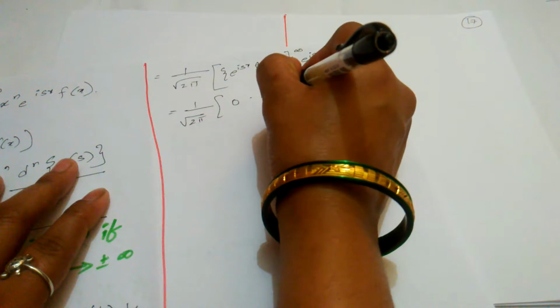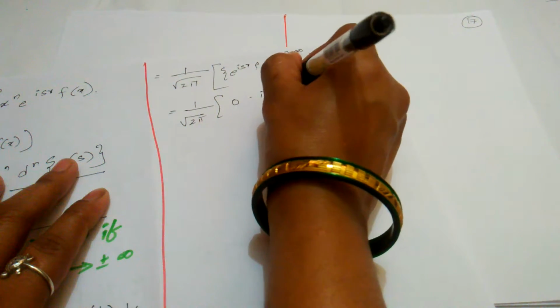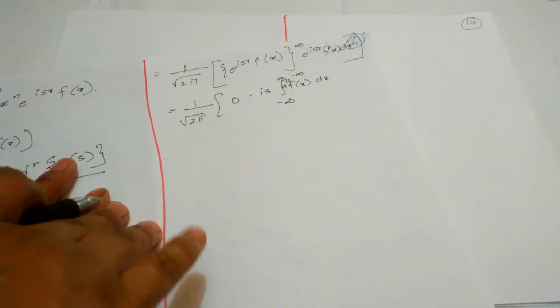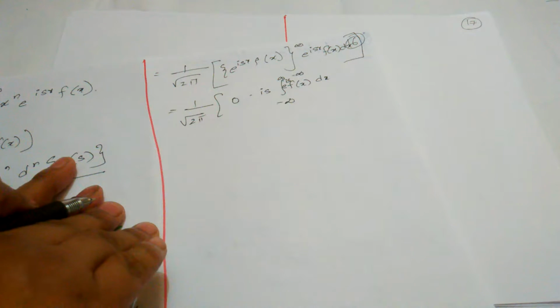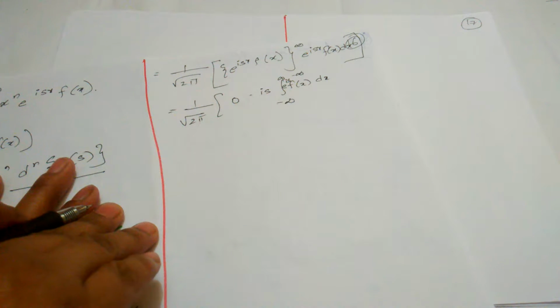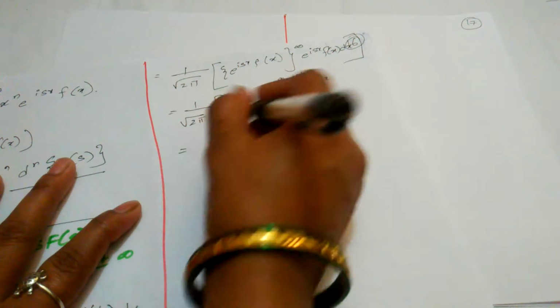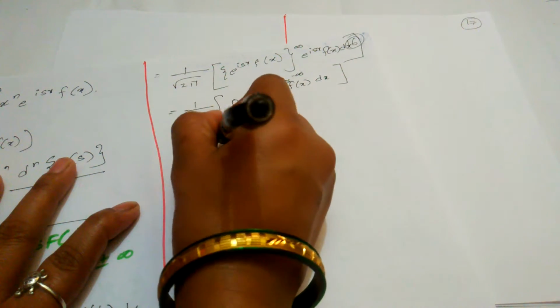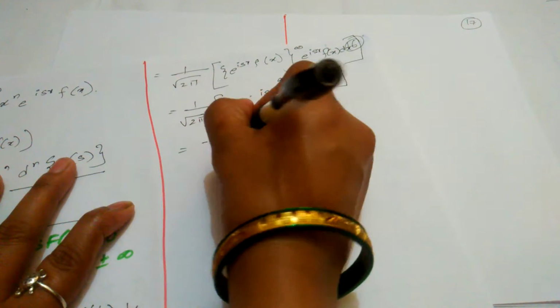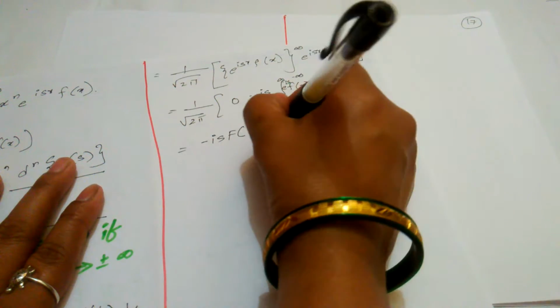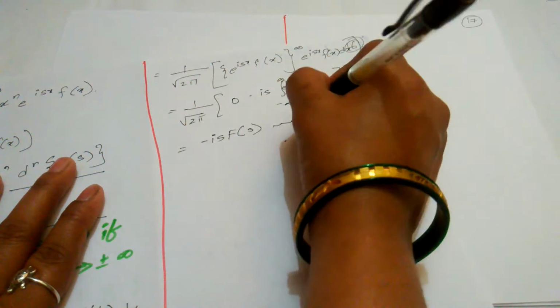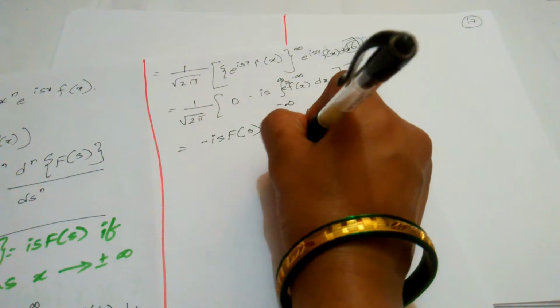One more term is there, is. So as a result what we are getting here is minus is F(s), hence proved.